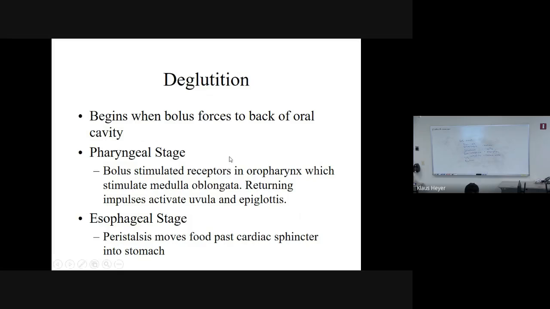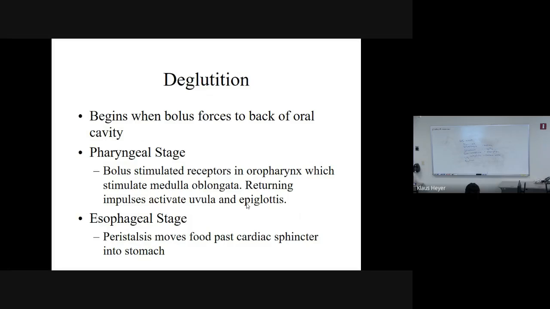Your epiglottis, remember that's part of your larynx. Your epiglottis is going to close over the trachea and keep food from going down your windpipe, your trachea. Those are both activated.